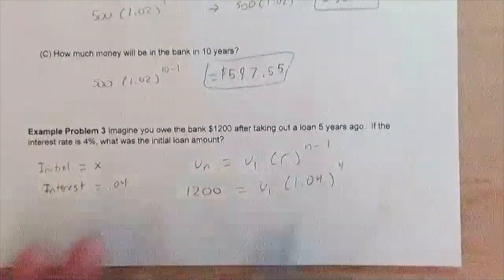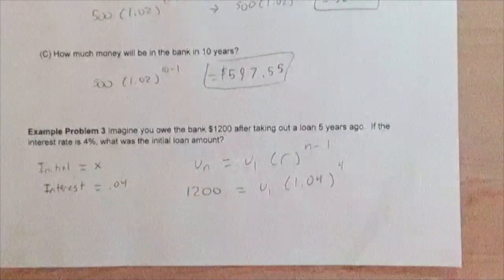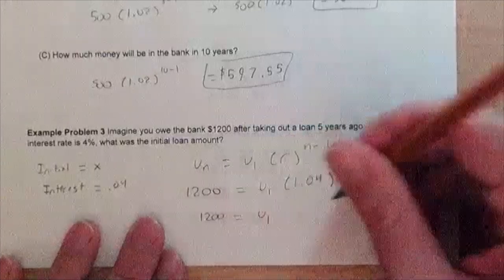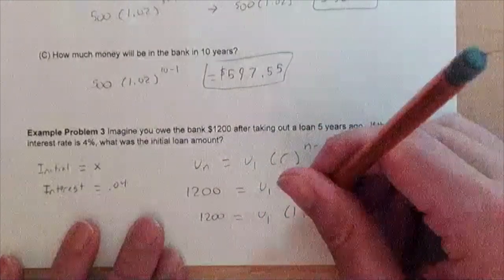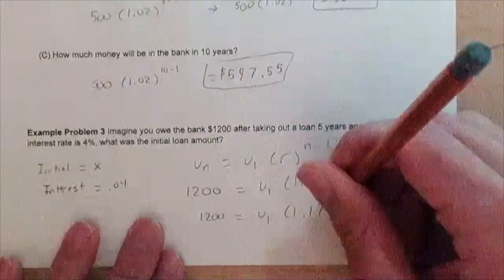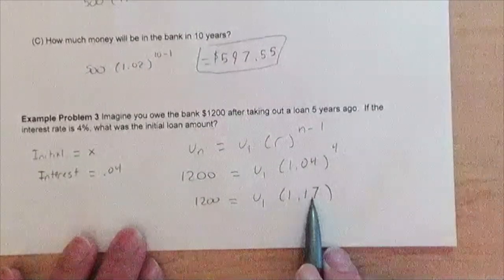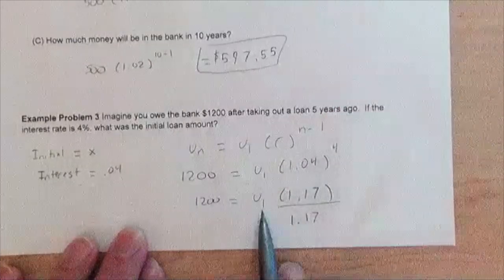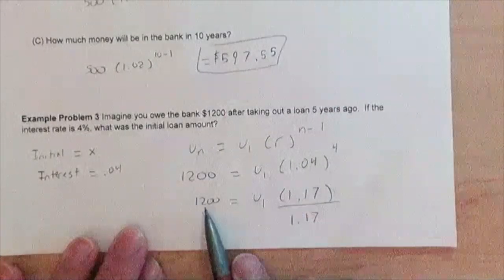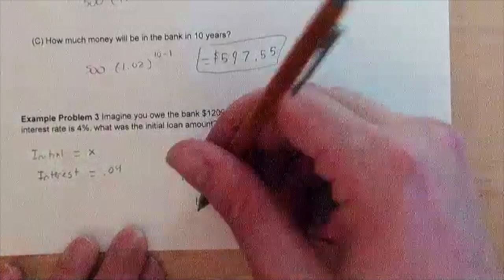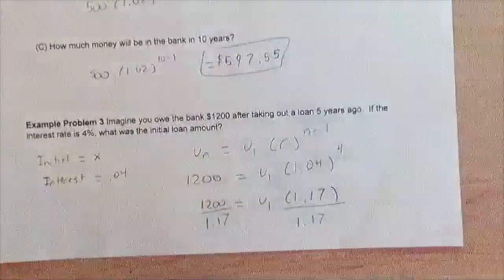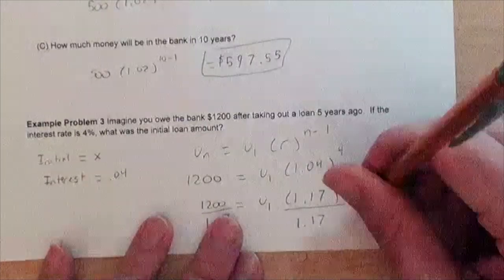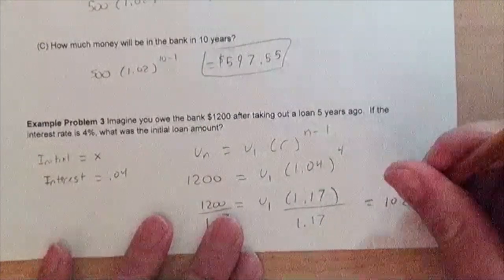We're just going to do this, 1.04 to the 4th power, which is 1.17. And then I'm just going to move this 1.17 to the other side. It's saying that this number is going to be multiplied by 1.17 to get to this number. So now we're just going to do the reverse, just like some good old Algebra 1. And that's going to be 1025.